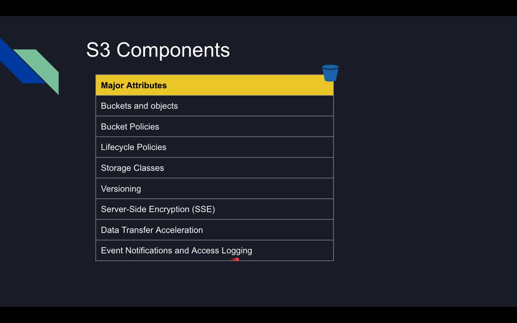Access logging speaks about what log you want to keep on that S3 bucket, who has accessed it, who is trying to access it, and what happened to that particular request. You can access that using access logging.